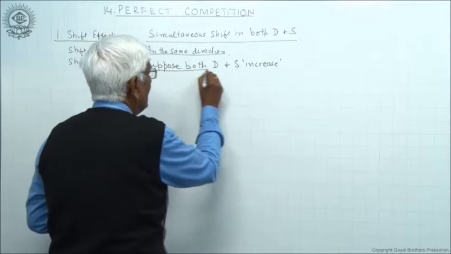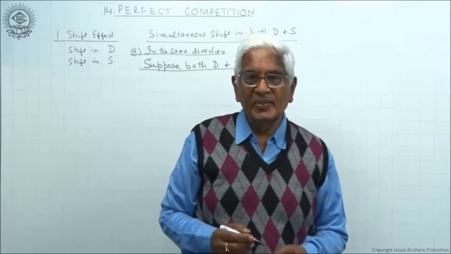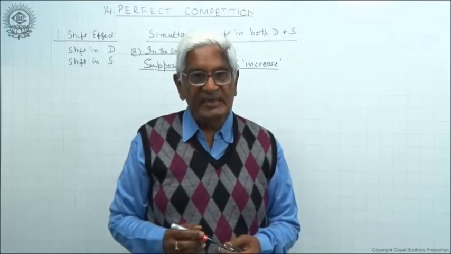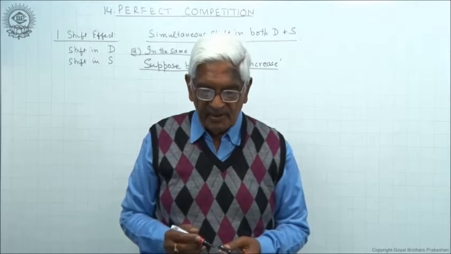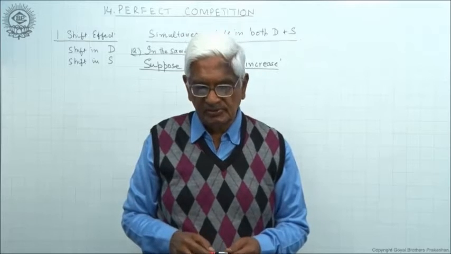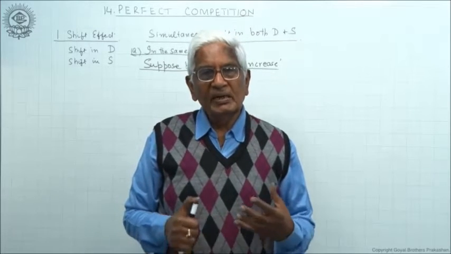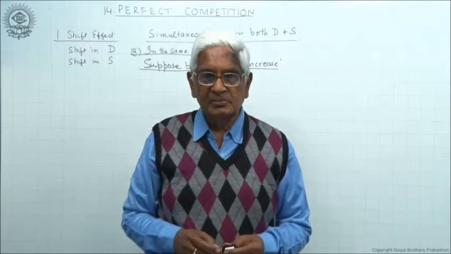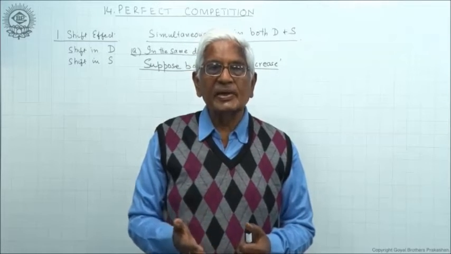In terms of diagram, it will mean, suppose both demand and supply curves shift from their equilibrium position. Before we take up the diagrams, let us analyze what is likely to happen.